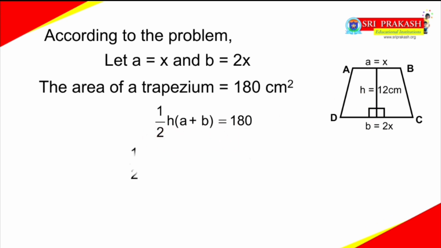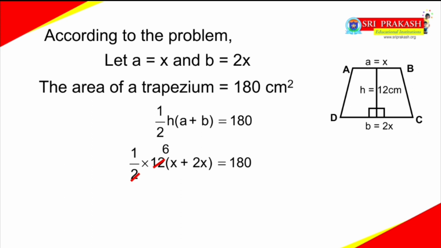Then we get half into h which is equal to 12, a which is equal to x and b which is equal to 2x.